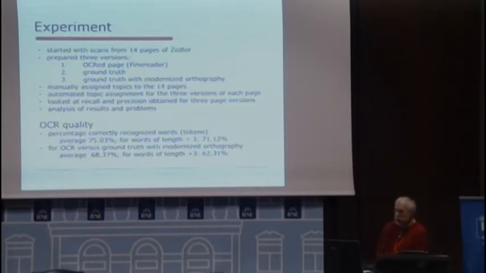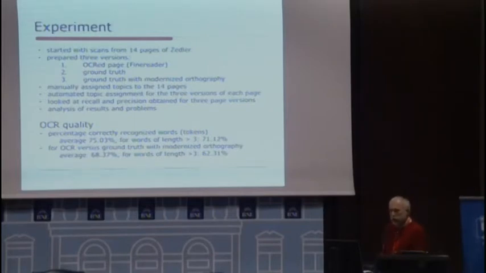We then prepared 3 versions. The first version was the OCRed version. We used FineReader. The second version was the ground truth, which we prepared manually. And the third version was ground truth, where we modernized orthography, but really only orthography. This is a point we shall come back to later.